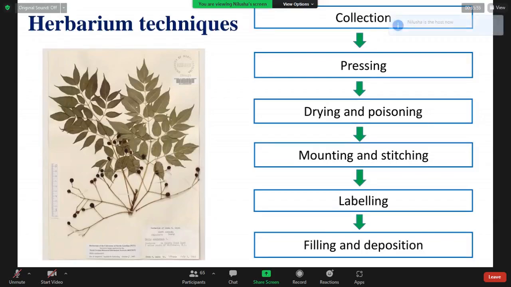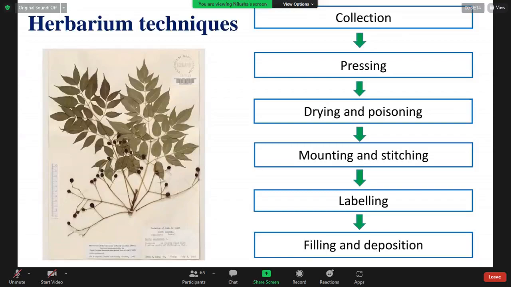What is collection? Collection means, according to your objective, you have to go to the field. Then you have to observe what species you want to collect.